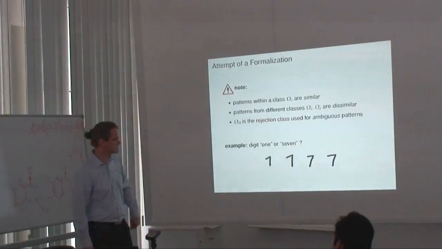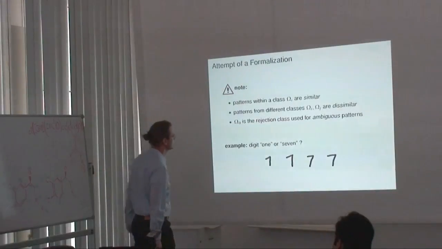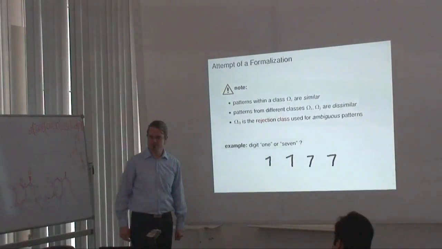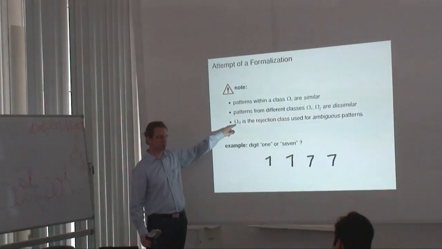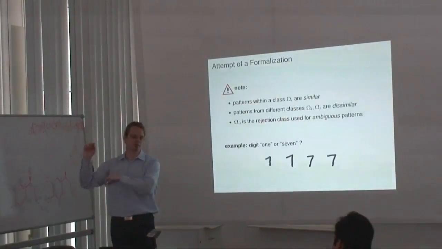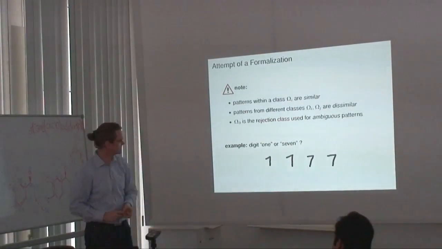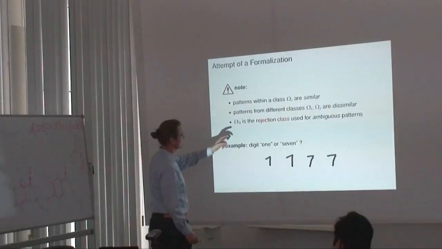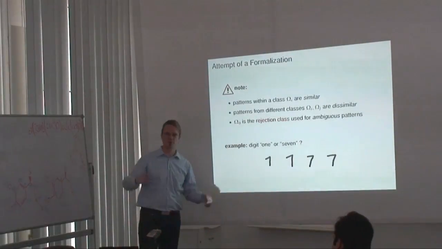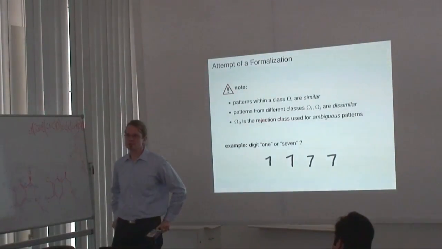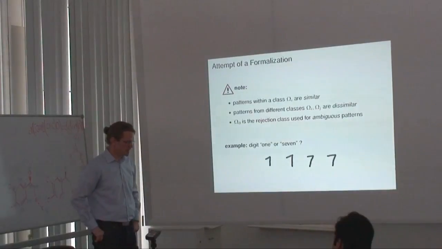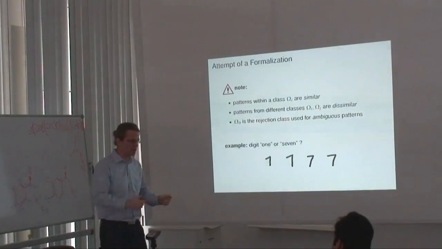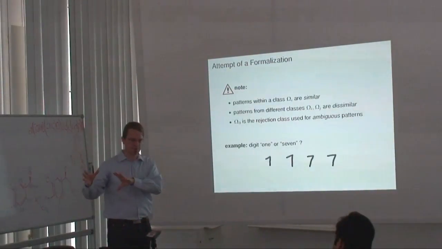If we do not want to commit, then it is a good idea to have a huge class of stuff that contains everything we cannot really decide. Right? And it is usually called the rejection class. This is not because we don't like those things, it's just that we cannot classify them into one of the classes omega 1 up to omega k.